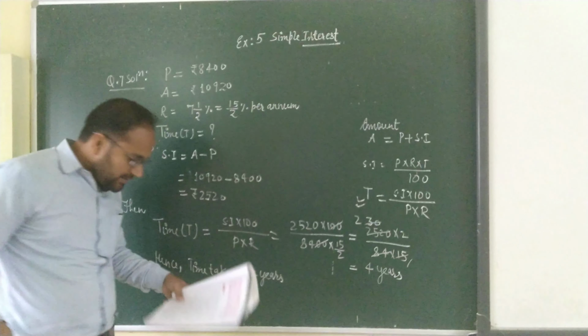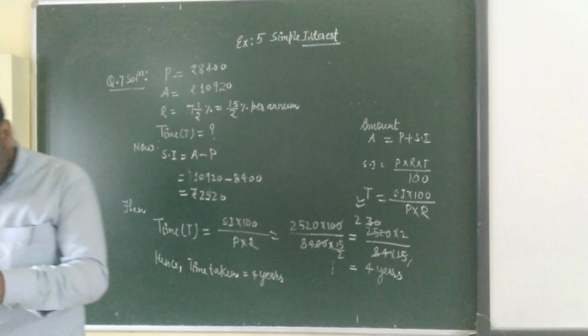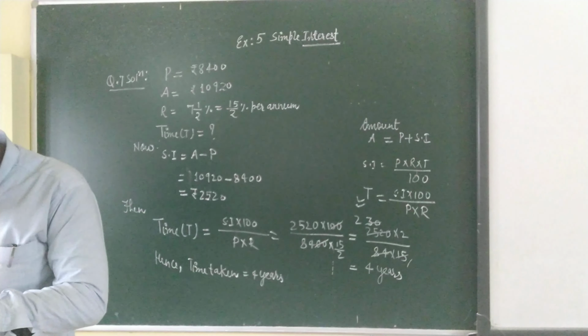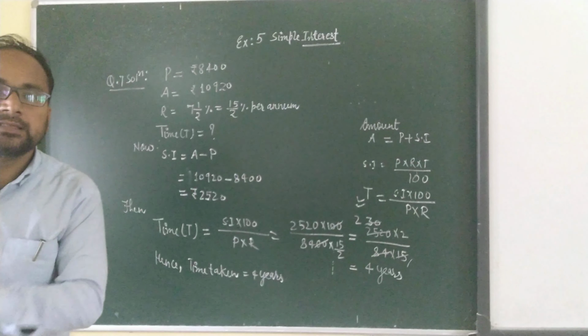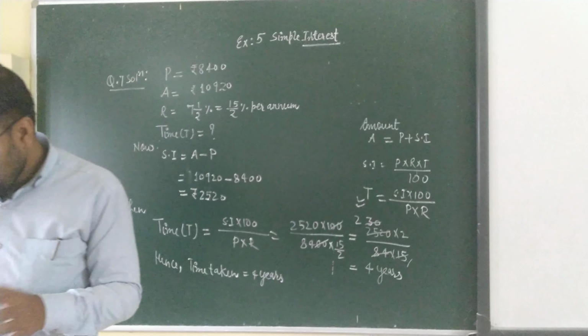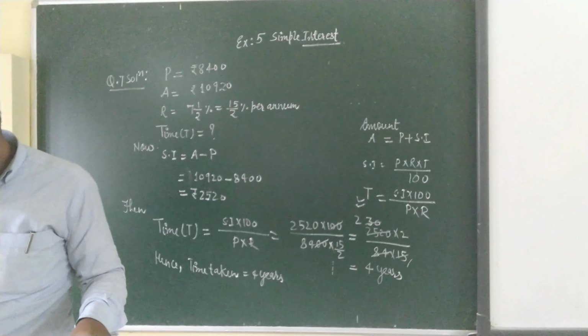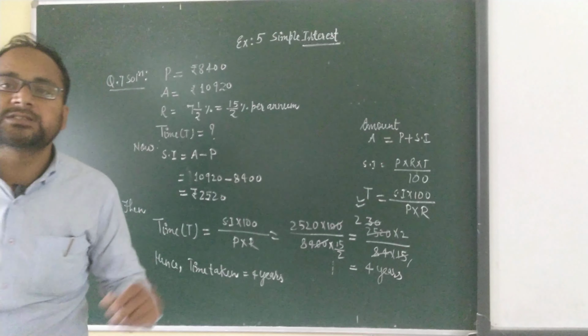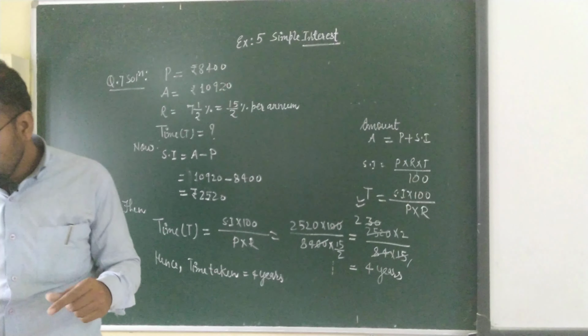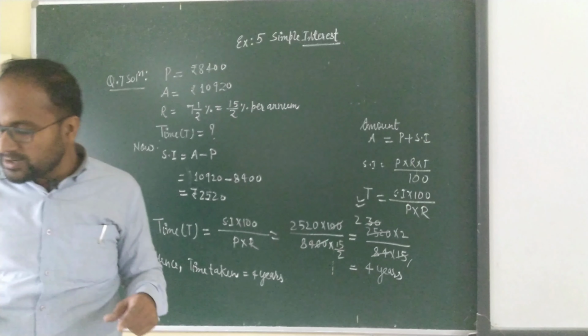So I think question number 8 is the same as this, students. In this one, Samir borrows 60,000 from Rahim, means he has taken this money as a debt. He clears his debt by returning 64,000 to Rahim at the end of 12 months. 12 months means 1 year. Find the rate of interest charged by Rahim.